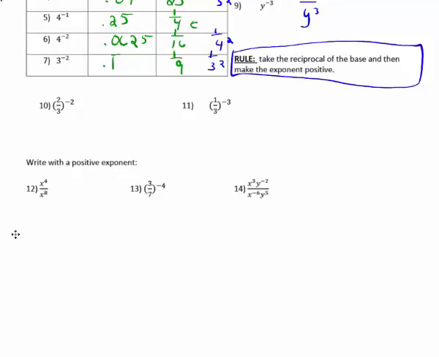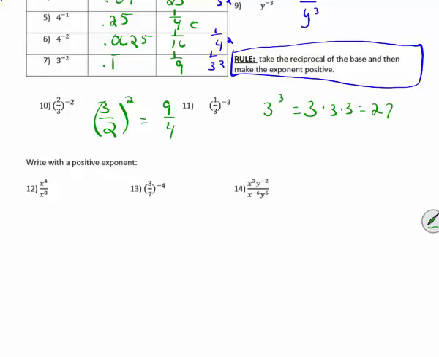So the reciprocal of 2/3 is 3/2. And then I make the exponent positive. I could simplify that or multiply that out to 9/4. Same thing over here. If I have 1/3 to the negative 3, I'm going to take the reciprocal, which is 3, make the exponent positive. And we know from before that that means that it's 3 times 3 times 3, which would be 27.